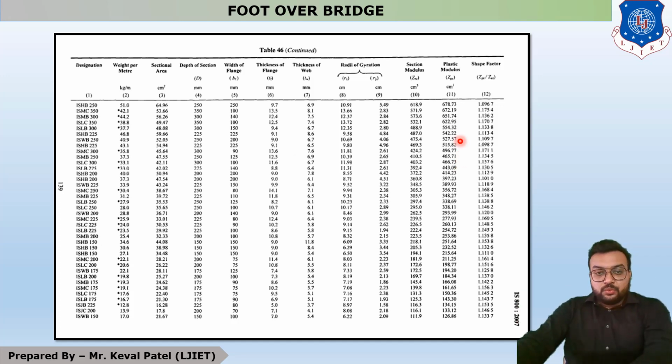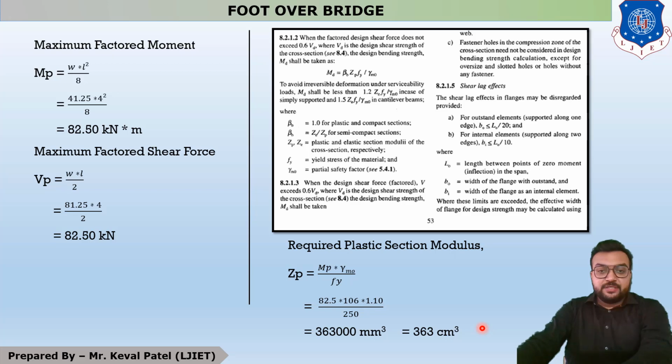For beam section we have to check only ISMB, HB, LB and WB. B indicates beam, but if you take C, then C indicates channel. You can see that the value of ISHB 250 is 678.73, but our required ZP is 363, so we have to take a section having a value greater than 363.